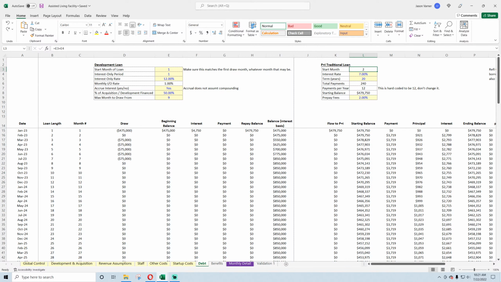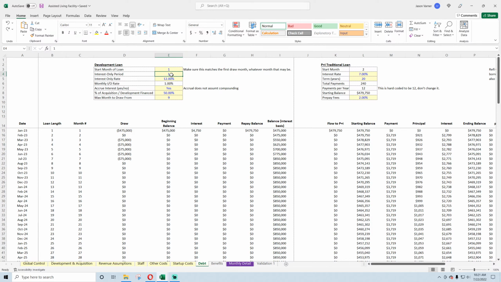Because really, you're not going to have a traditional P&I loan that draws over time. It's going to be a fixed amount. So 99 times out of 100, if you're not doing a development loan, then all the costs are going to happen in the first period, and that's going to be your basis for the P&I, and you would just put in 1 here for this period.